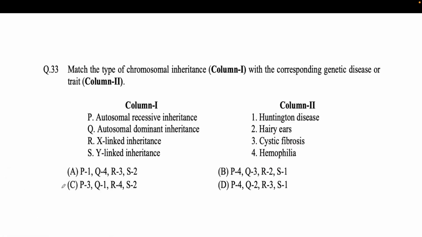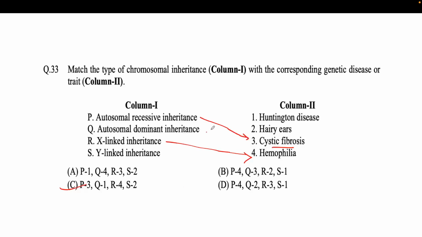Yes, option C is the correct answer, because hemophilia is one of the major X-linked recessive diseases, so R will be 4. Among all the given options, only in option C is R matched with 4. Another example: cystic fibrosis is autosomal recessive, so this is option C again.